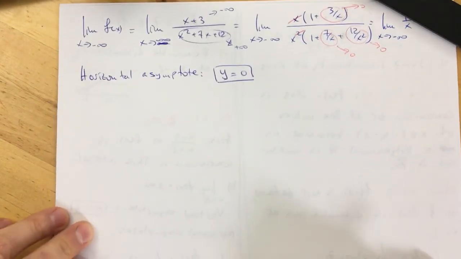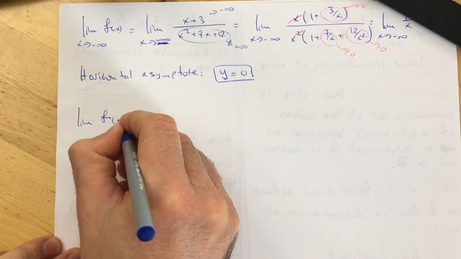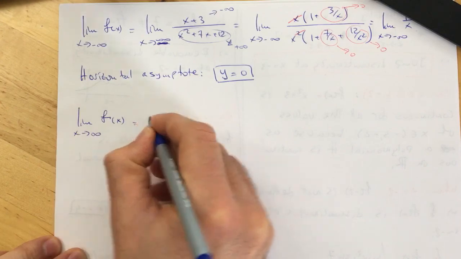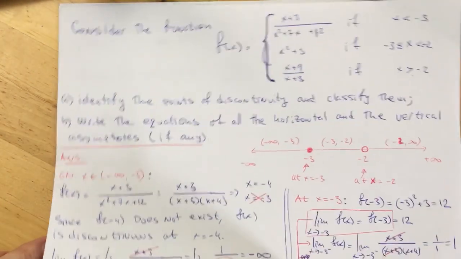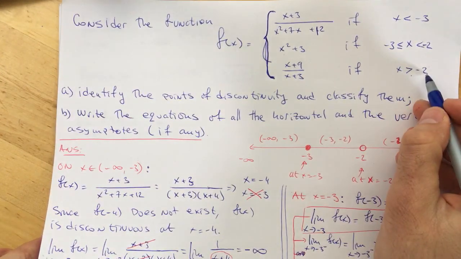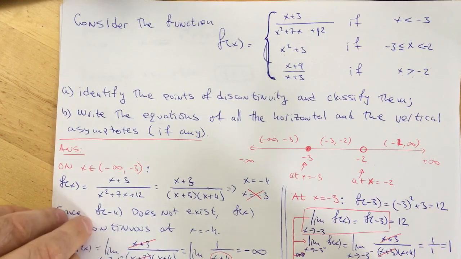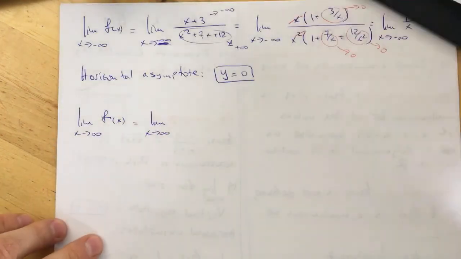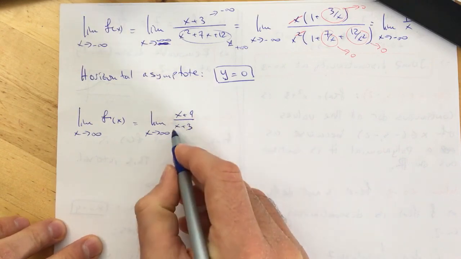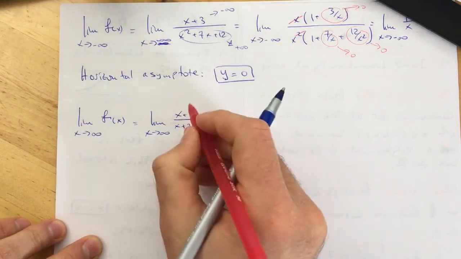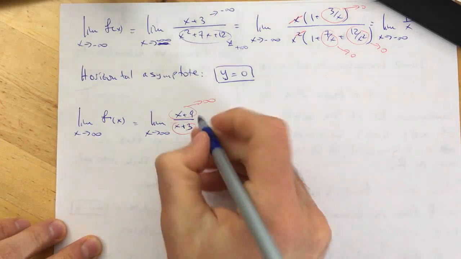And now we repeat the same procedure for the limit of f of x when x goes to infinity. That means that we are talking about positive values, and for all the values greater than negative 2, the function f of x is defined as x plus 9 over x plus 3. As x goes to positive infinity, both the numerator and the denominator approach infinity.